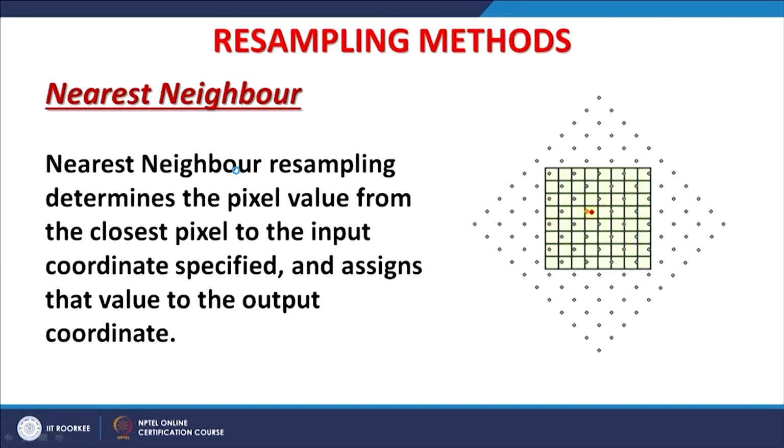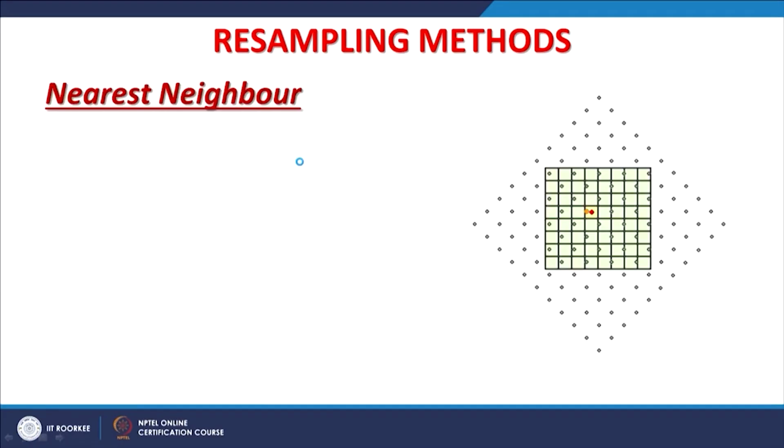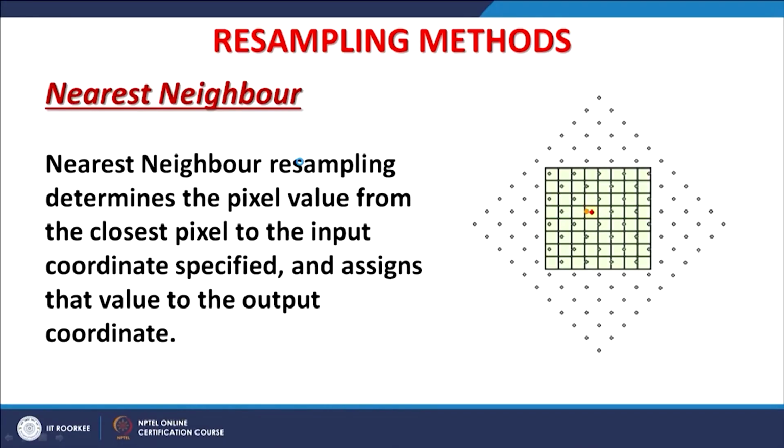The nearest neighbor resampling determines the pixel value from the closest pixel to the input coordinate. As I told you, the 3 in this one will have the maximum influence, so that will carry forward to the new cell, and that method is called nearest neighbor, also shown here.